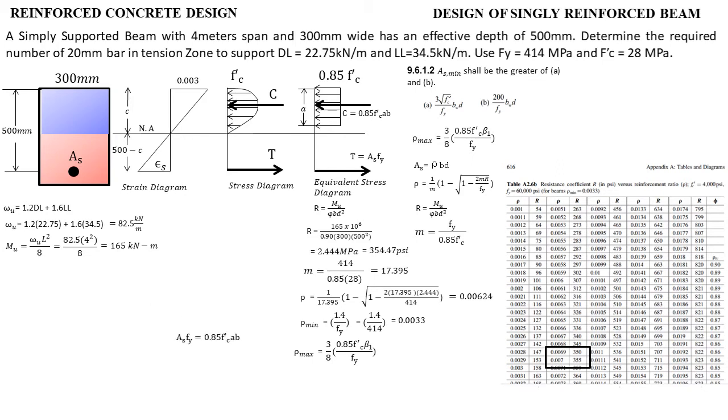Okay, so from this formula, ASFy is equal to 0.85 F prime C AB, or galing dito, T is equal to C. Okay, and then i-compute natin ang value ng C. Okay, ang C natin by ratio and proportion, C is to 0.003.